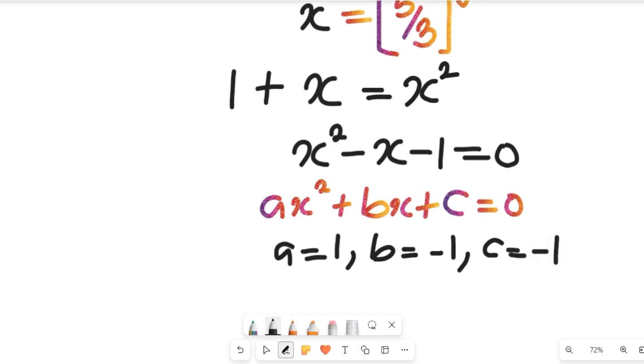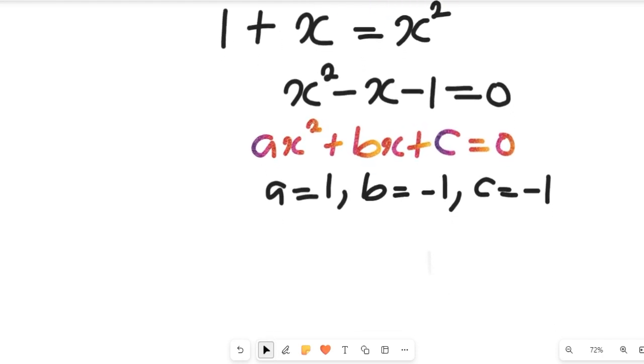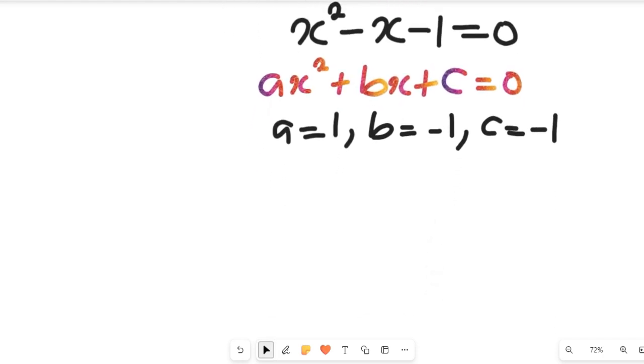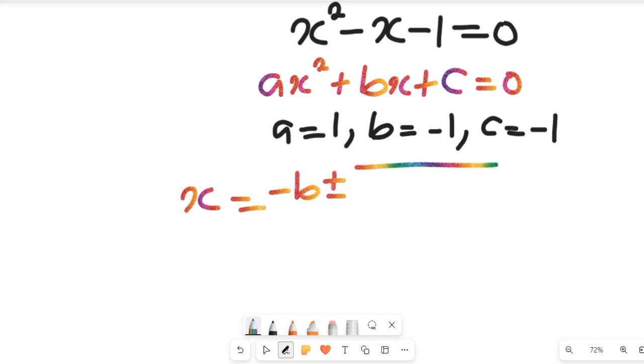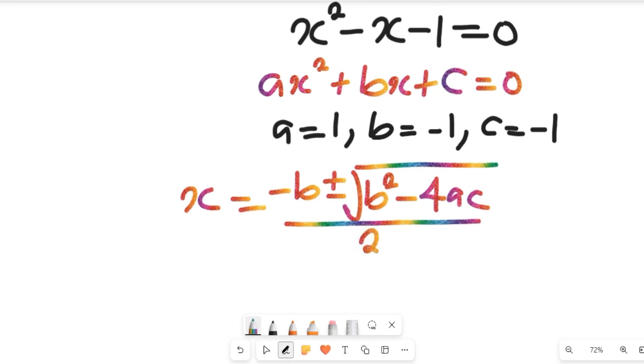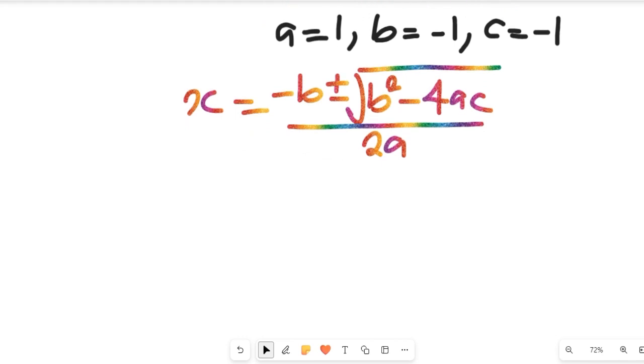Now, if we do that, we're going to use the quadratic formula to find the value of x. From the quadratic formula, we are given that the value of x will be equal to negative b plus or minus the square root of b squared minus 4ac, divided by 2a. So looking at that expression, let's substitute the values of a, b, and c.